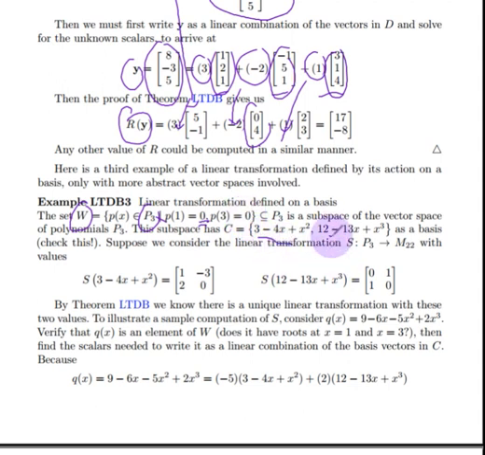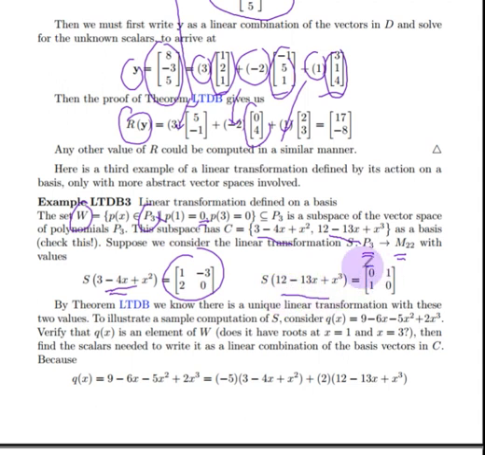It turns out that these two polynomials form a basis of this subspace, and we can consider a linear transformation from this subspace to the 2 by 2 matrices. And we can define it by defining the linear transformation on the basis vectors. So the linear transformation on this basis vector is this matrix.